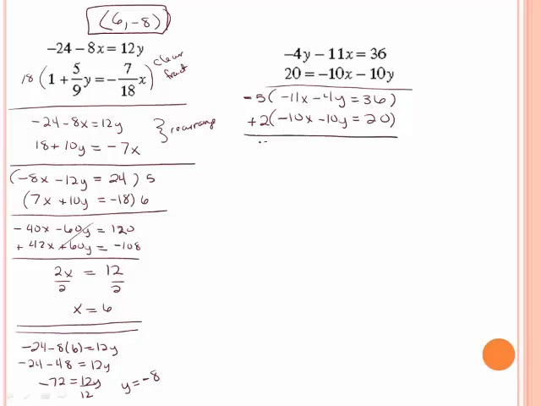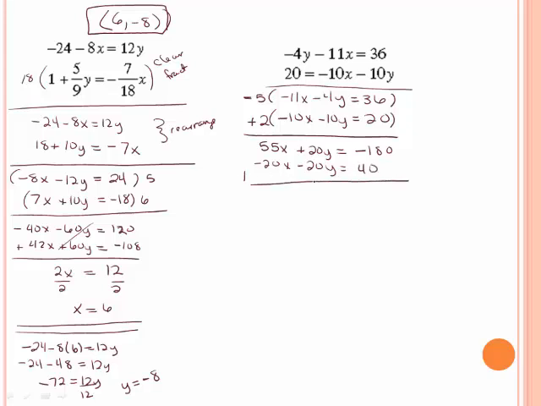So I'm going to get 55x plus 20y is equal to 36 times 5 is 180, and that's going to be negative 180. And then I'm going to get negative 20x minus 20y is equal to 40.